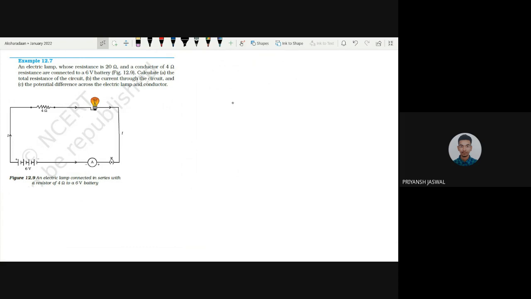An electric lamp whose resistance is 20 ohms and a conductor of 4 ohm resistance are connected to a 6 volt battery in figure 12.9. This one is the figure 12.9. Calculate: A part is the total resistance of the circuit, B the current through the circuit, and C is the potential difference across the electric lamp and conductor.